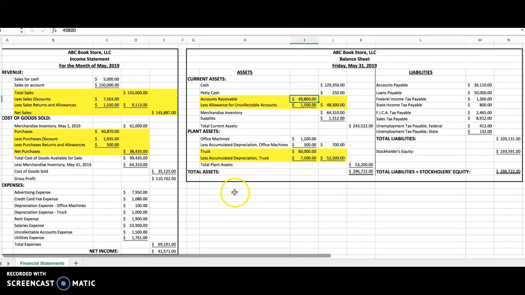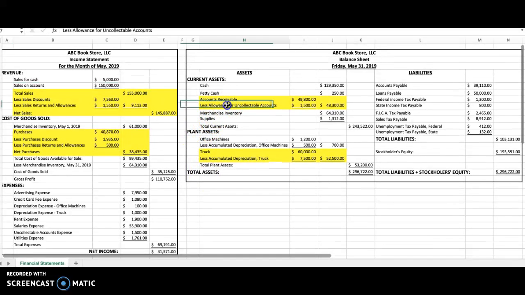And we will assume that there's a certain percentage of every sale on account that we do not get. So we will be using this information over here, the sales on account. Obviously sales for cash, we have that money, so that doesn't factor into this, but we need to know how much we sold on account. And every business, after a while, knows that a certain percent of that amount of money will not be collected.